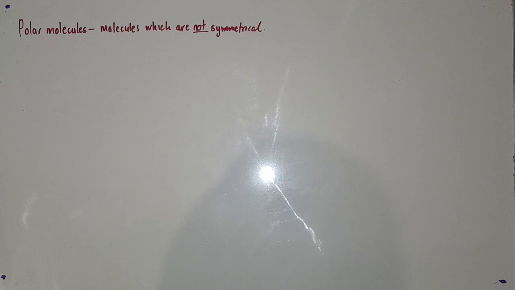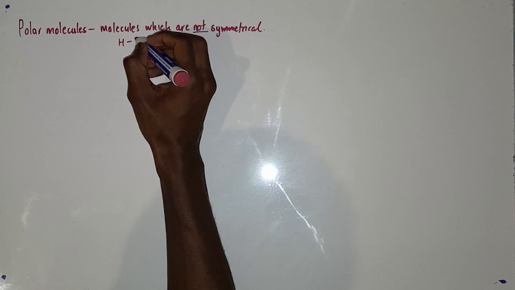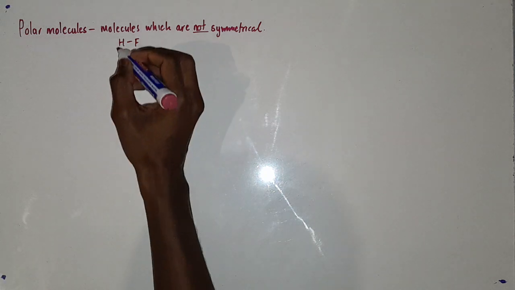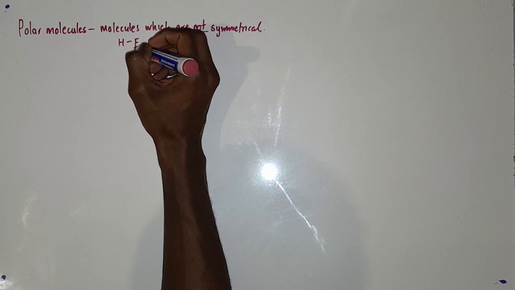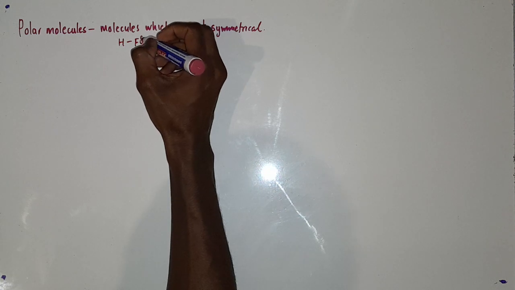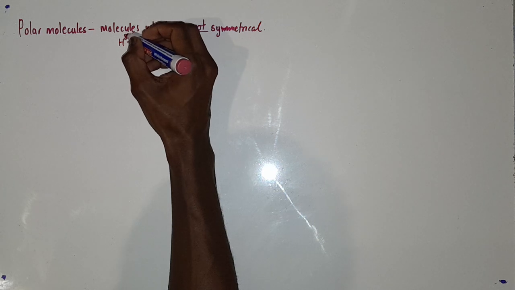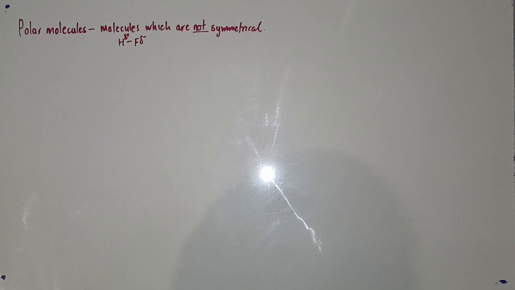The example that I can give you is HF, hydrogen fluoride. We know that fluorine is more electronegative compared to hydrogen, meaning it has an ability to draw electrons closer to itself. Somehow it's going to be slightly negative, then hydrogen is going to be slightly positive.